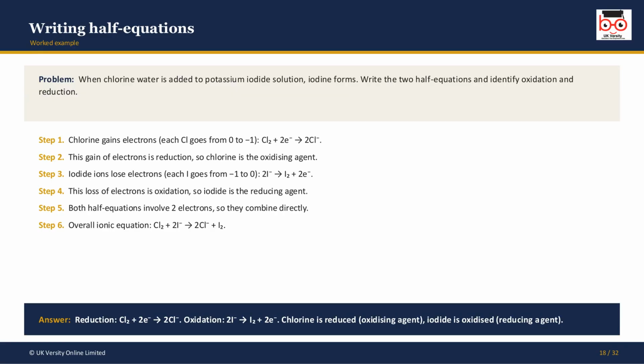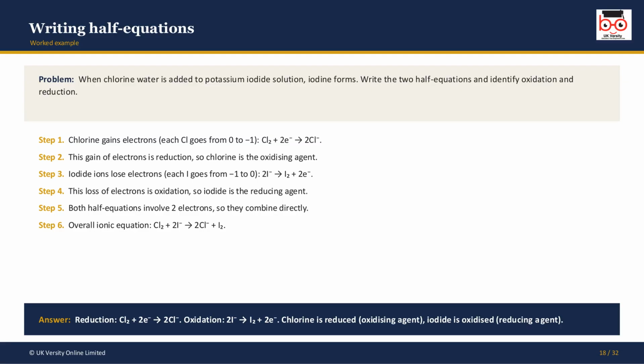Let's write half equations for one of these. When chlorine water is added to potassium iodide, iodine forms. Chlorine gains electrons, each chlorine going from 0 to -1. So chlorine plus 2 electrons gives 2 chloride ions. That gain of electrons is reduction, making chlorine the oxidizing agent.